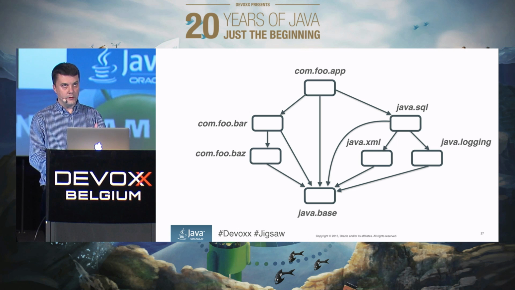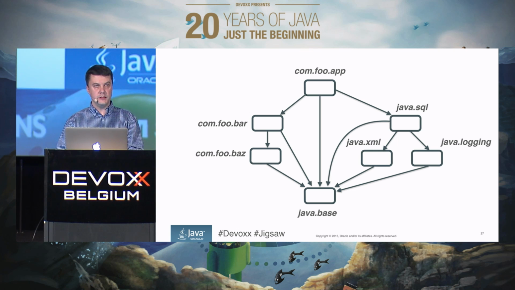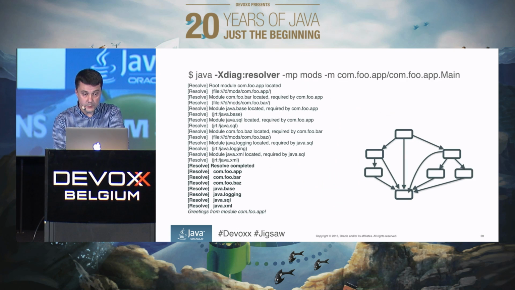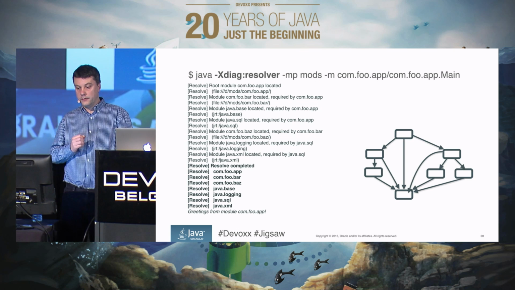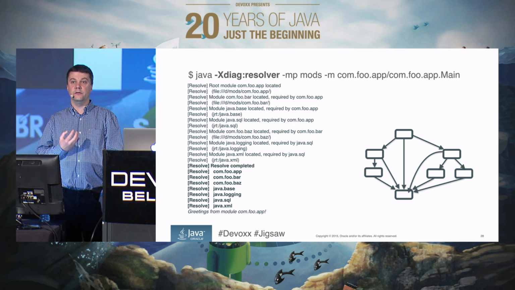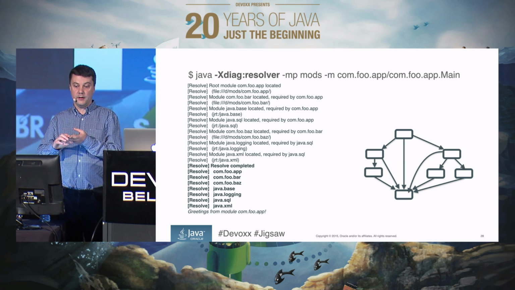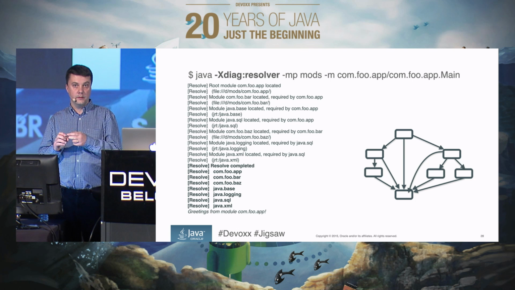One of the diagnostic options that we have on the java launcher is the existing -Xdiag option, which has been there on the java launcher for many years. There's a new sub-option in the jigsaw builds to be able to see a little bit more of what's going on. This will actually trace what happens at startup, so you can see where it locates the modules and how it is building up the module graph.